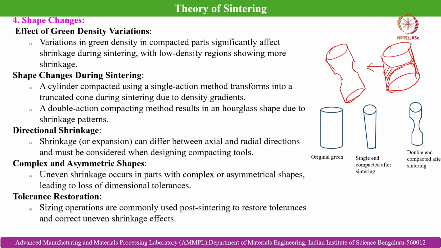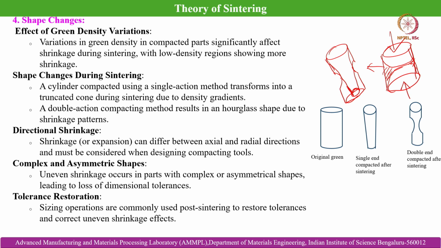So, that is the case when we are compacting from both sides. When we are compacting only from one side, you can see a tapered shape because of the density gradient. Immediately beneath the press the green density is higher, and as you move further from the point of application of the pressure, the green density is lesser.